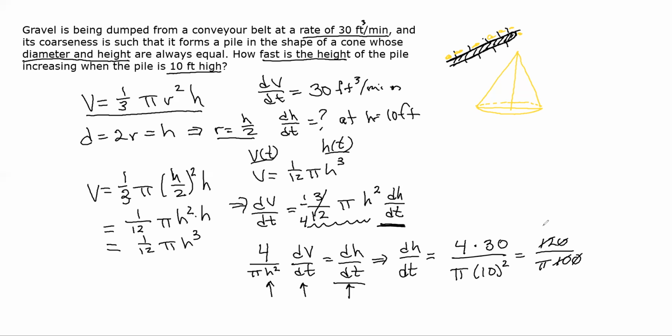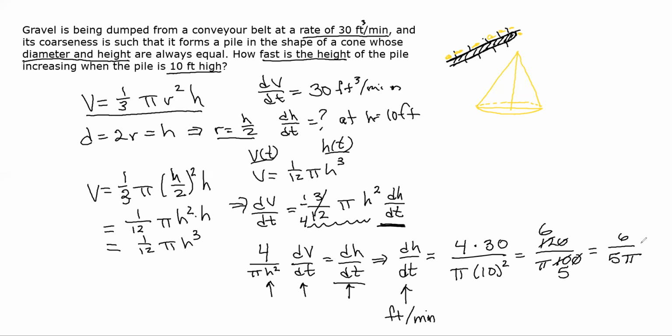Well, you can simplify them by 2, divide both by 2. And then we're left with 6 over 5 pi. And we're dealing with the change in height with respect to time. And the units we were using were feet per time unit, minutes.